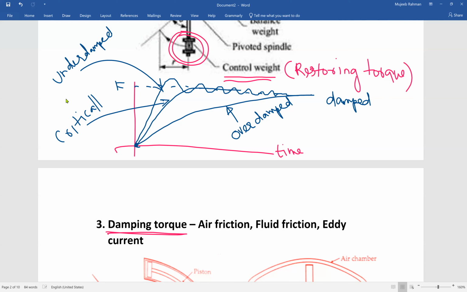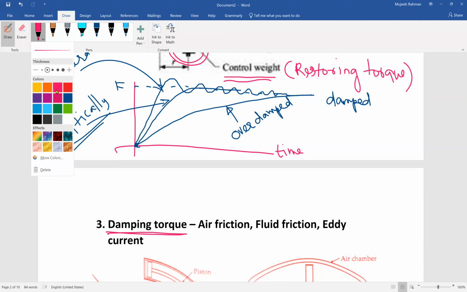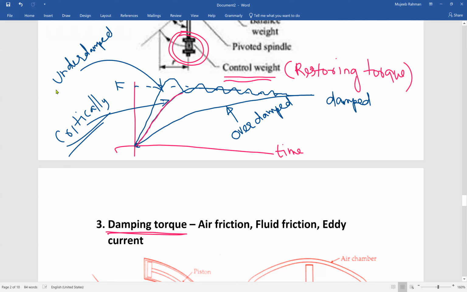So ideally speaking, we are expecting an instrument whose moving system should behave like the middle one, which means it starts from 0 and takes the final steady state value without any overshoot. Now, in order to get a critically damped system, we need to provide some kind of torque.